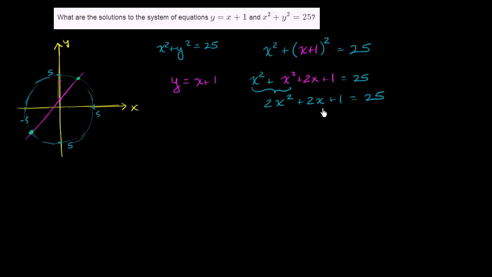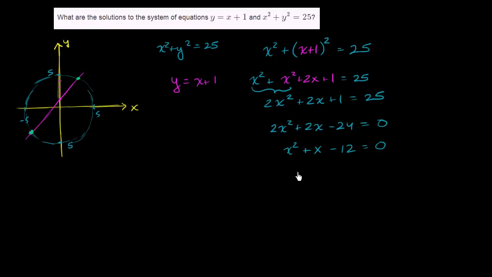Now, we could just use the quadratic formula, but we have to be careful. We have to set this equal to 0 and then use the quadratic formula. So let's subtract 25 from both sides, and you get 2x squared plus 2x minus 24 is equal to 0. And actually, just to simplify this, let's divide both sides by 2, and you get x squared plus x minus 12 is equal to 0.